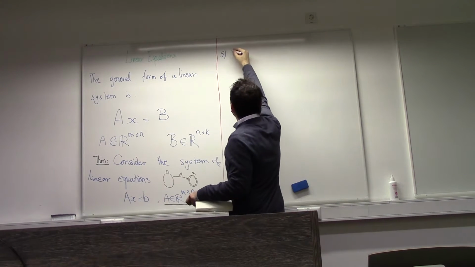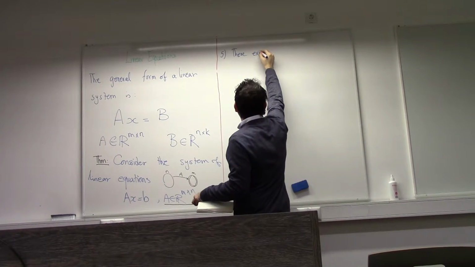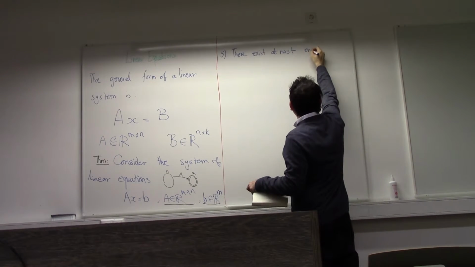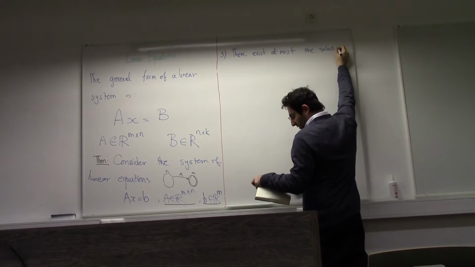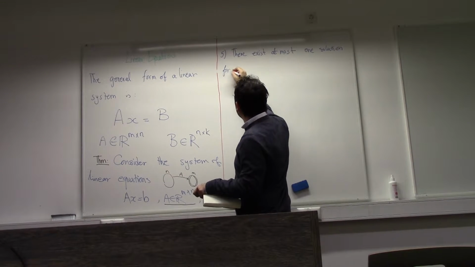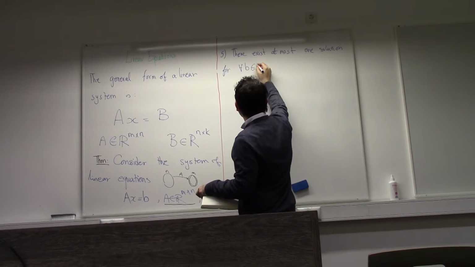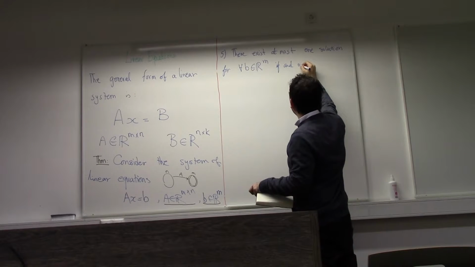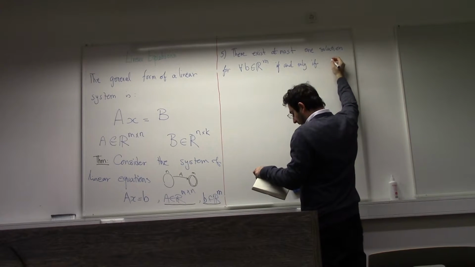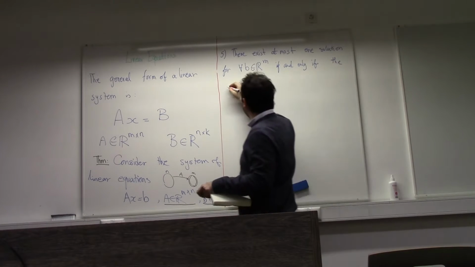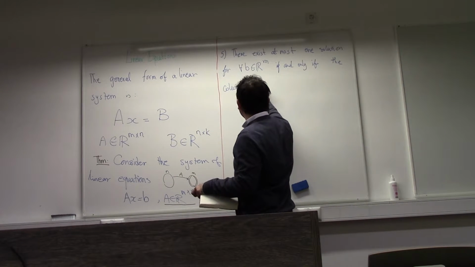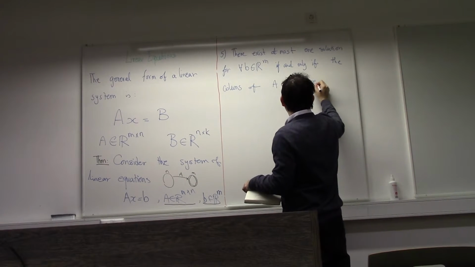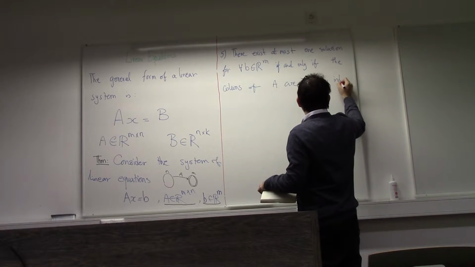There exists at most one solution for all b's belonging to R^m if and only if the columns of A are linearly independent.